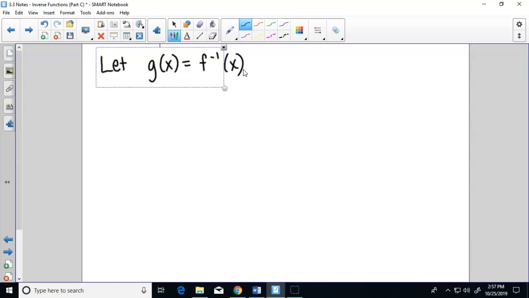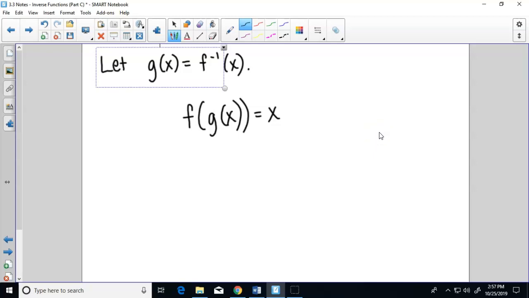So if f and g are inverses, then is this true? f of g of x equals x.